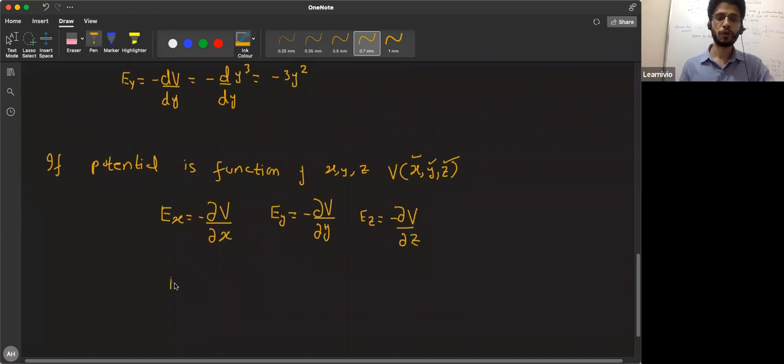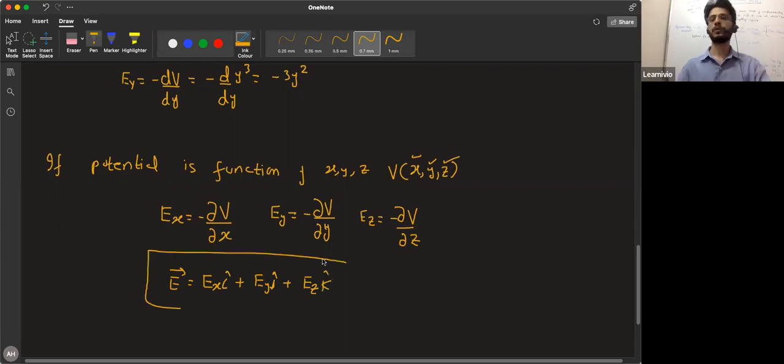Now, if you want total field, then total field will be Ex i cap, Ey j cap, Ez k cap. This is how we calculate total field. And these are partial derivatives, not normal derivatives, they are partial derivatives.